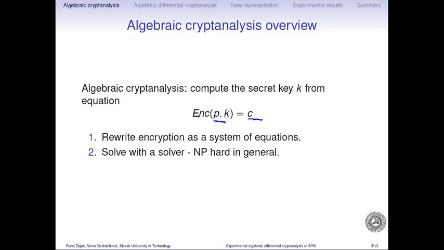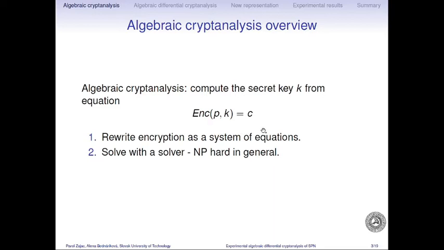These two values relate by some unknown key and encryption algorithm, and if we rewrite this fundamental equation as some system of small equations, we can hope to find key k from the system of equations by solving such a system with a solver.